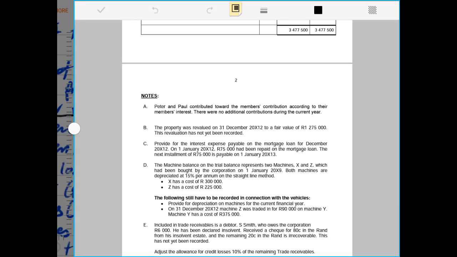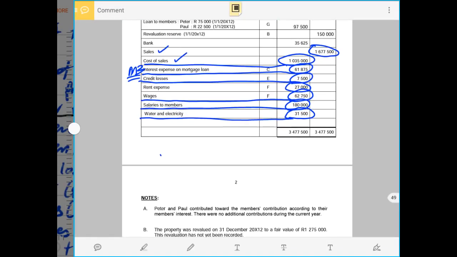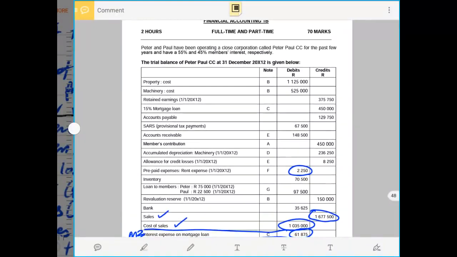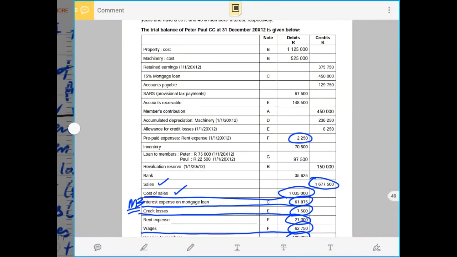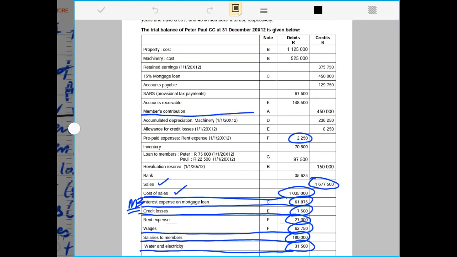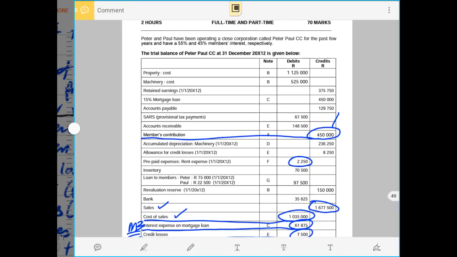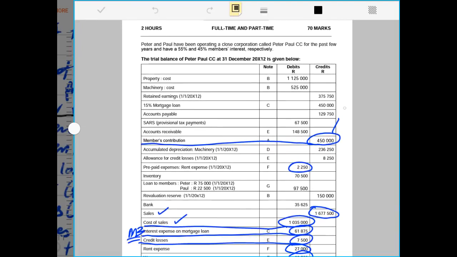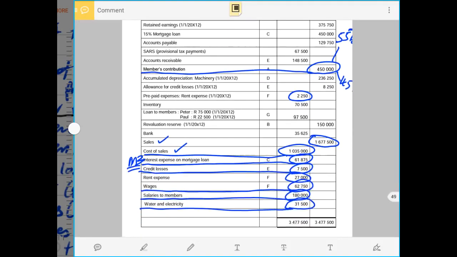So it means the members' contribution of 450,000 rands that we see in the trial balance must be split using the members' interest of 55% and 45%. When we do the statement of changes in equity, you will see all of that.